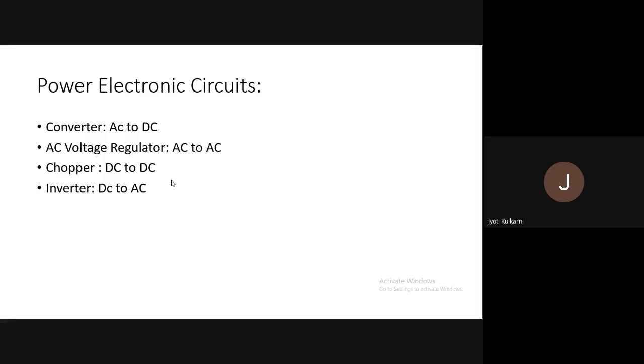Then what can I use? To change the level of the output voltage in DC supply from one level to another level, we have to use a chopper. So chopper is also acting like a transformer, but it is not a transformer. Why? Because a transformer works only in AC supply. A transformer doesn't work in DC supply because we do not have d phi by dt, that is rate of change of flux.